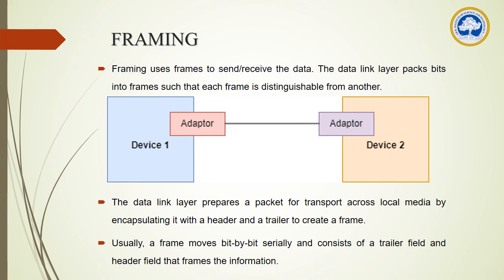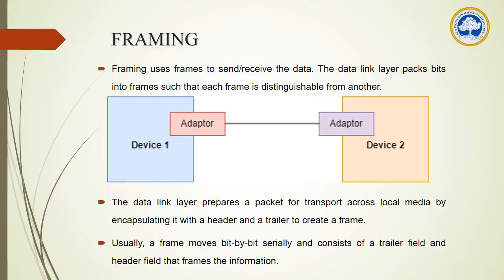The data link layer packs the bits into frames such that each frame is distinguishable from another. Also, the data link layer prepares a packet for transport across the local media by encapsulating it with a header and a trailer to create a frame.